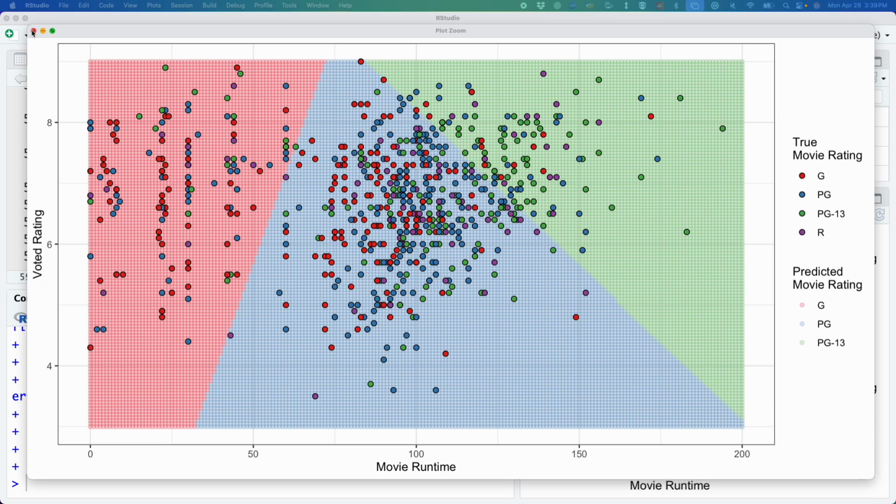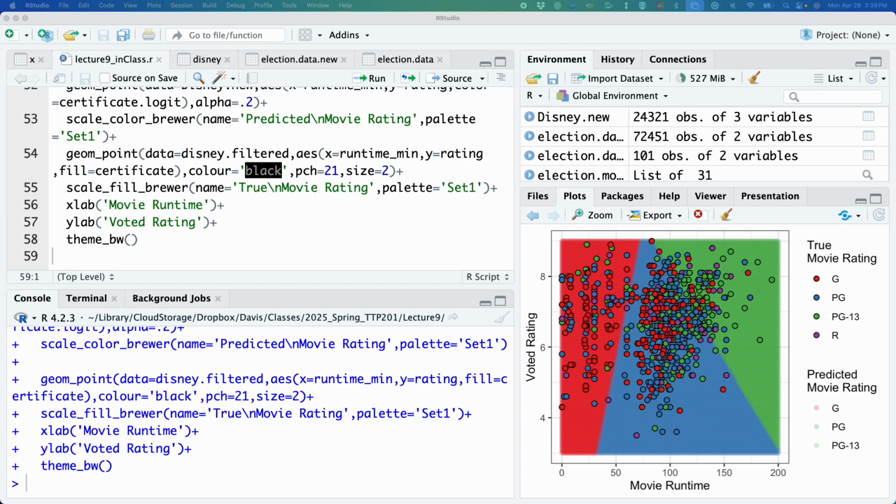Any other questions about multinomial? All right, let's see here.